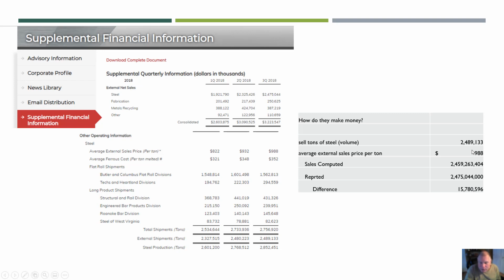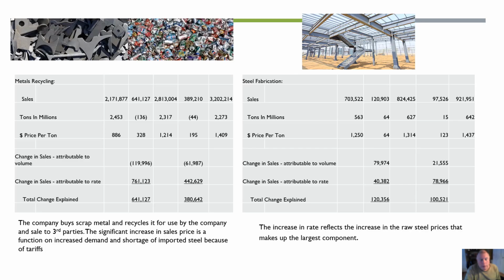Here's the average price. I multiply that, and I come up with sales of 2,459,263,404. Then I went back up here, 2,475,044, and that's the actual. So I came pretty close by using that. That's an example.